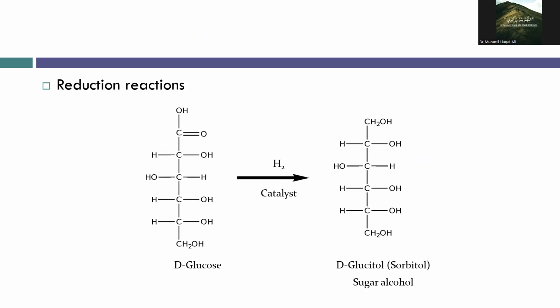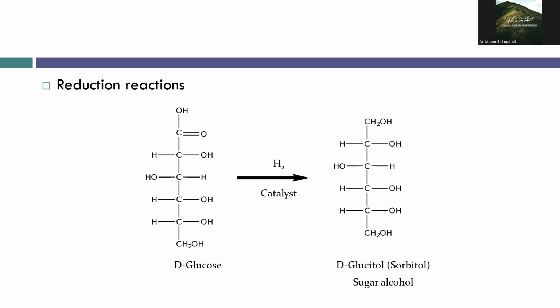Now, let's discuss the reduction reaction. Both aldoses and ketoses can be reduced at their carbonyl groups to form polyhydroxyl alcohols, the sugar alcohols. For example, D-glucose leads to the formation of glucitol, right? The sorbitol formation. D-mannose leads to D-mannitol formation.